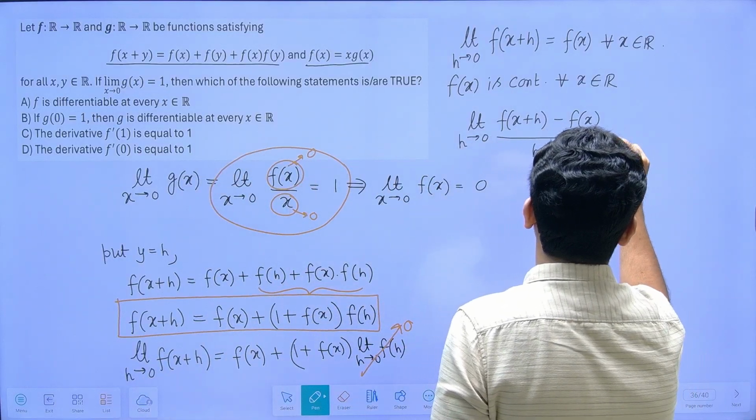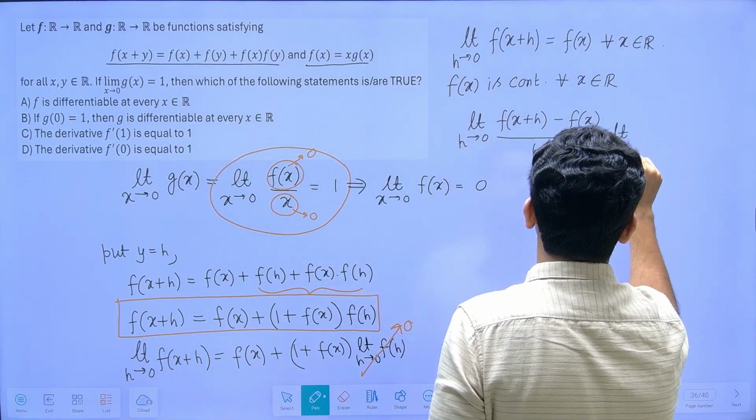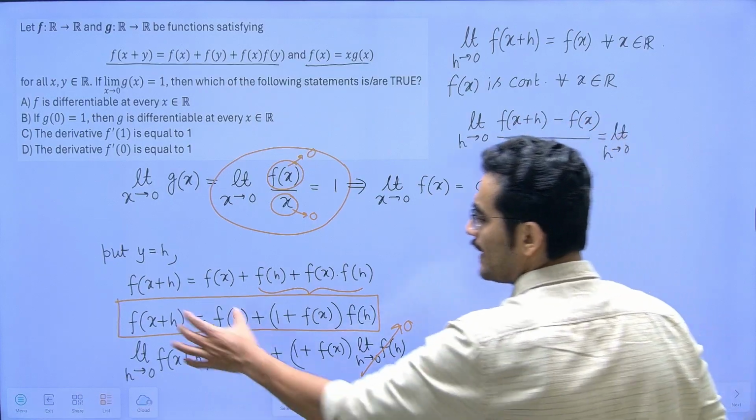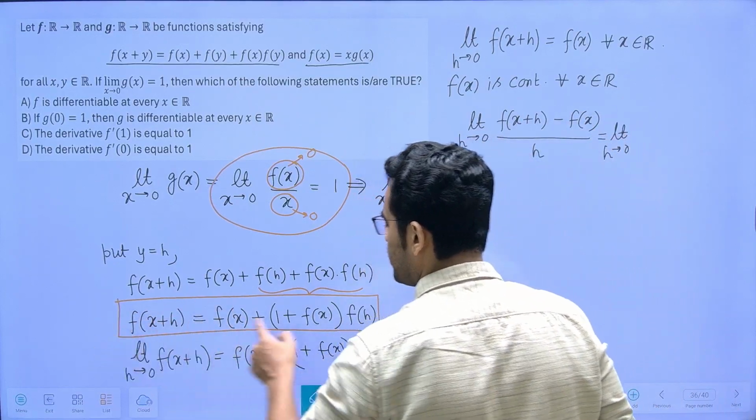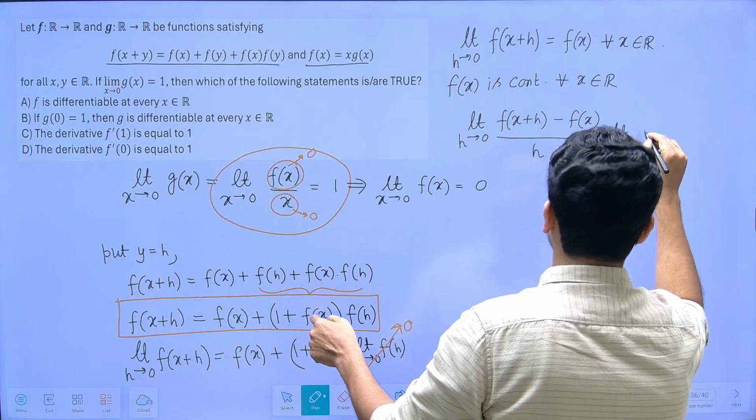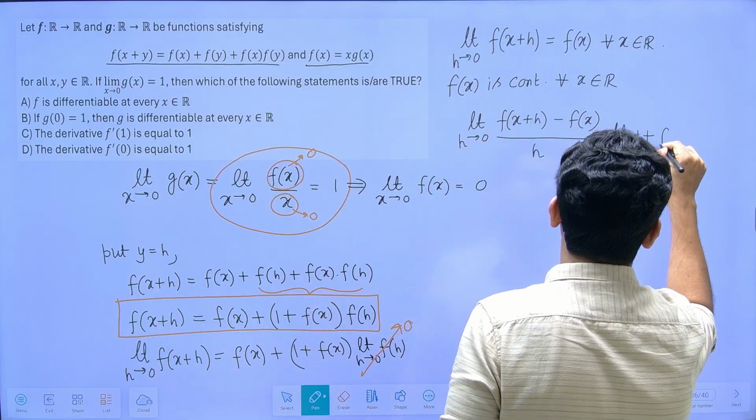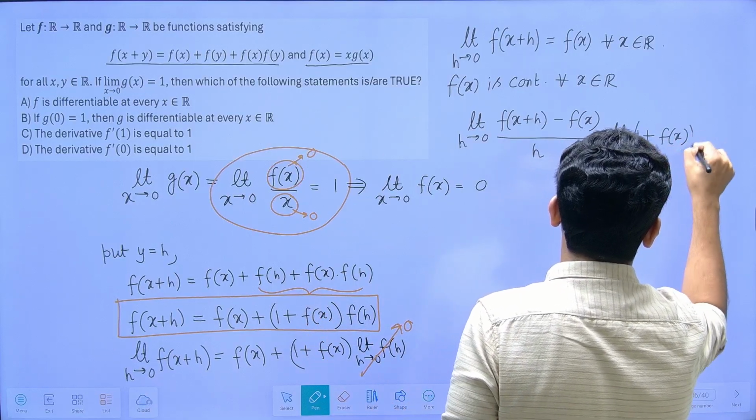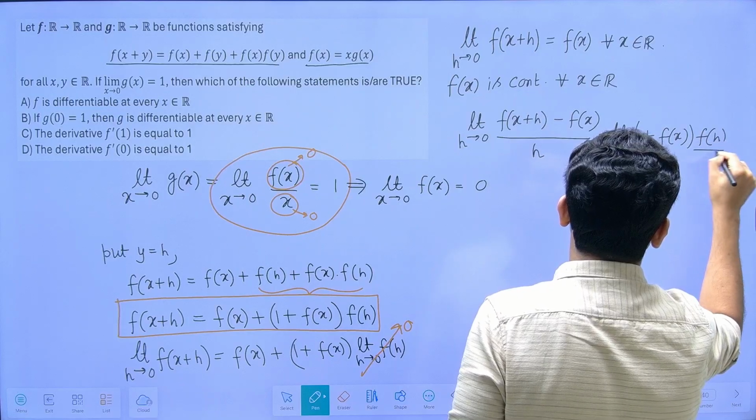So this will be equal to limit h tends to 0, f(x+h) minus f(x), which will be this part, that is, 1 plus f(x) into f(h), divided by h.